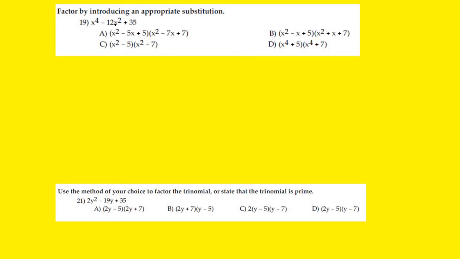Okay, so look at this one. You had to use substitution. So you said let u be equal to x squared, so u squared is equal to x to the 4th.